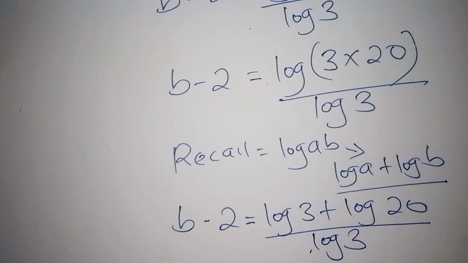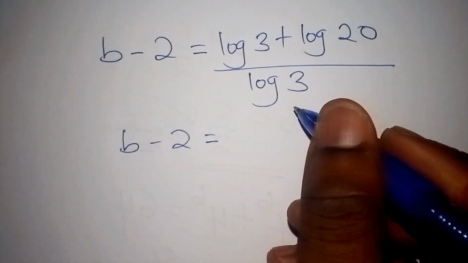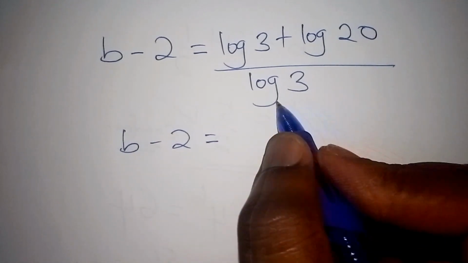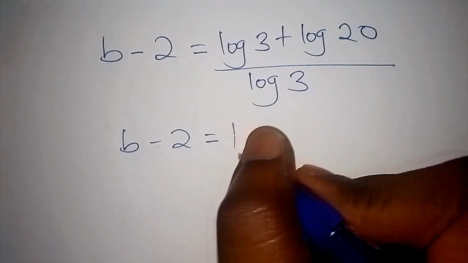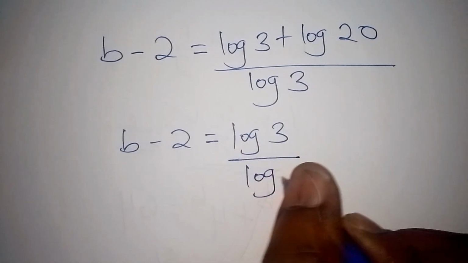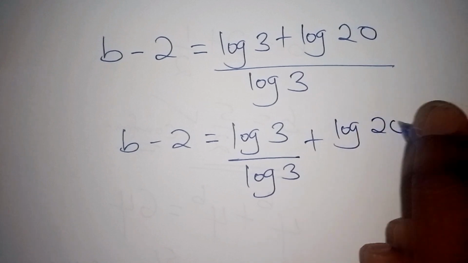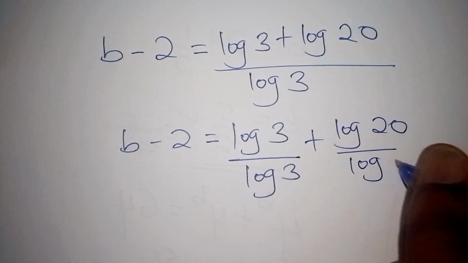Let's now simplify it. Here b minus 2 is equal to, let's separate it by dividing both terms by the log of 3. We have the log of 3 all over the log of 3, plus the log of 20 all over the log of 3.